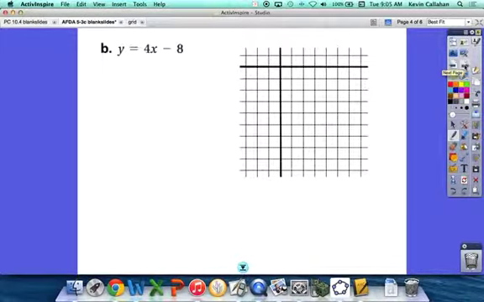One more. Y equals 4x minus 8. Which point am I going to plot first? This point right there. There's step 1. 0, -8, which is 1, 2, 3, 4, 5, 6, 7, 8. Okay, that's step 1. Step 2.